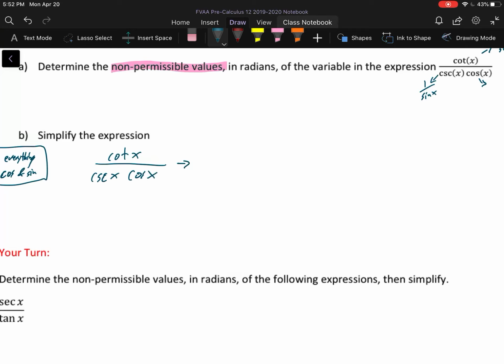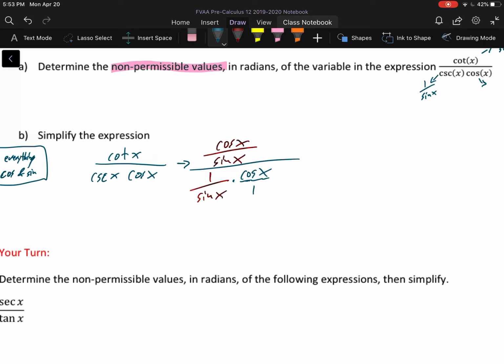In the place of cotangent, I'm going to substitute cos x over sine x, and that's going to be over, instead of cosecant, I'm going to put 1 over sine x, and cos x stays as is. And you can see that this is cos x over 1 if you want to visualize that.